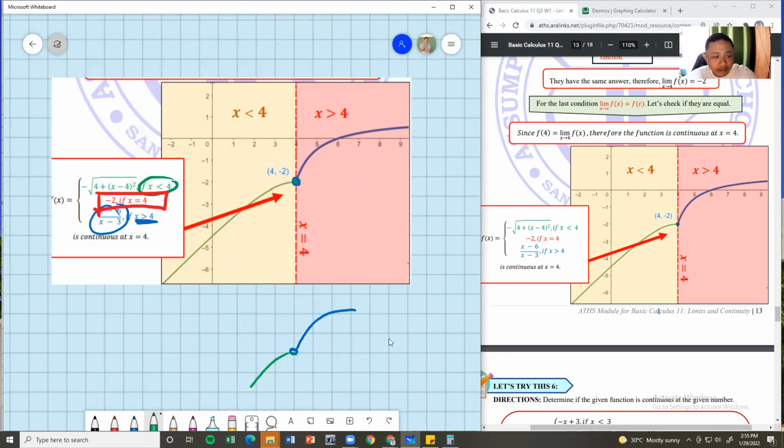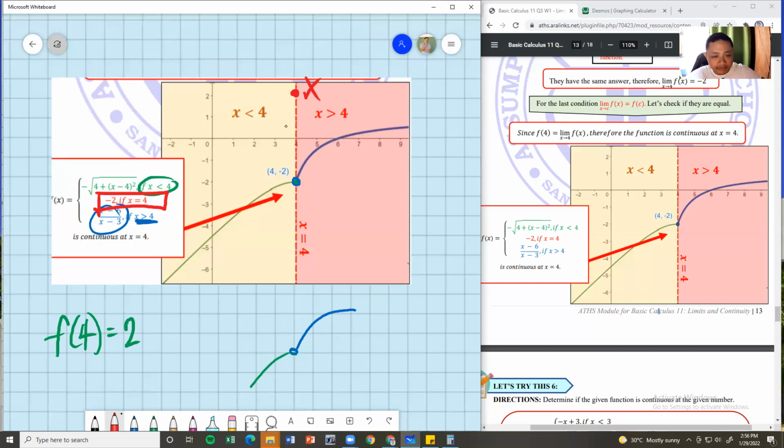It says here, from our given, f of 4 is equal to 2, since I revised the given. This means the value of x is 4, and the value of y is 2. Here it will become solid. The question is, did it continue the graph? Yes or no? It did not continue, because it did not show continuity since they are not equal. It should have continued here, however, it went astray and came out here. So it's not continuous anymore.